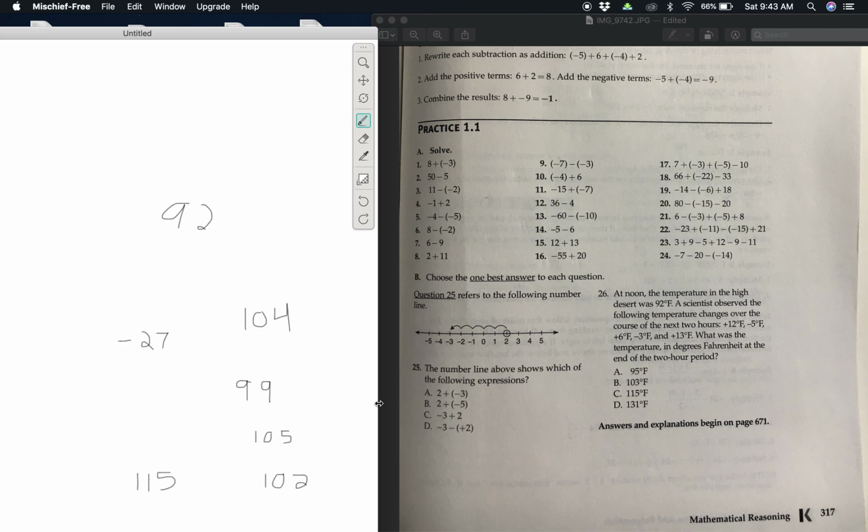See, that was simple. We just did one number at a time. What was the question? What was the temperature in degrees Fahrenheit at the end of the 2-hour period? So at the end of that period, it was 115.